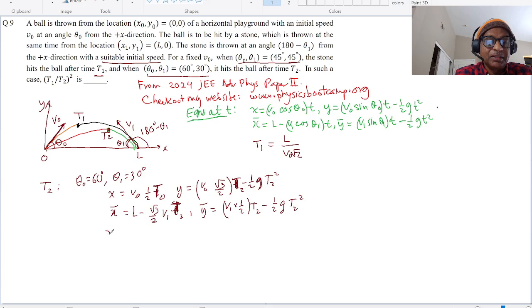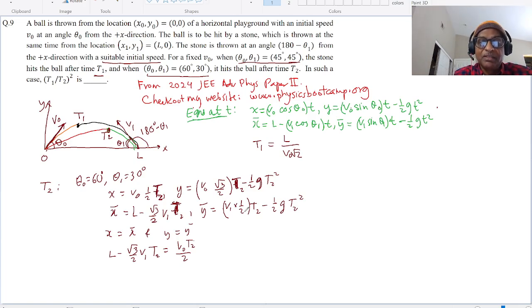Now again, x equals x bar and y equals y bar. That's the hitting condition. So if you bring it here, we have L minus square root 3 over 2 v1 T2 equals v0 T2 over 2.